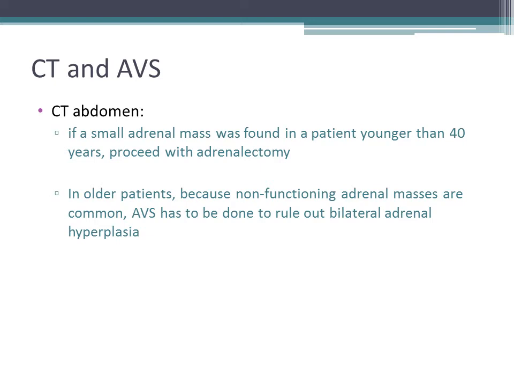So if a small adrenal mass was found in a patient younger than 40 years, with all the confirmation that I mentioned previously, then you can proceed with adrenalectomy. However, if you find an adrenal mass in older patients, because non-functioning adrenal masses are common in older people, then we have to revert to another study in order to confirm that this is the side which is producing too much aldosterone.